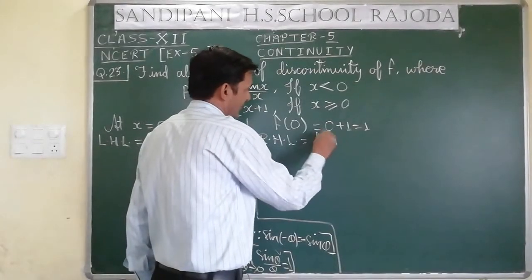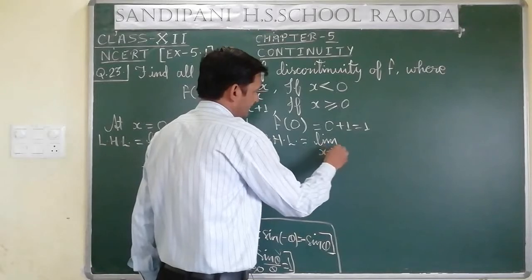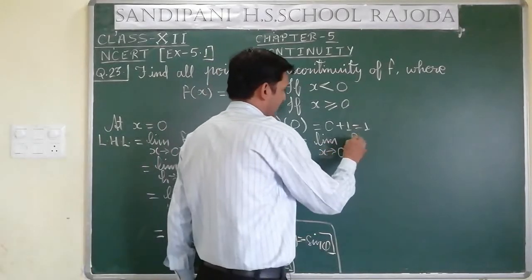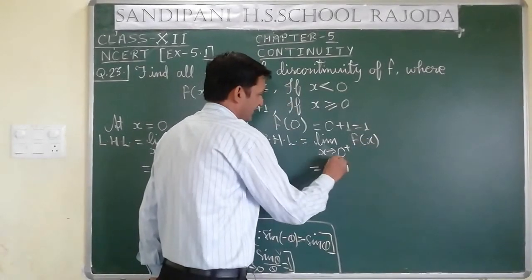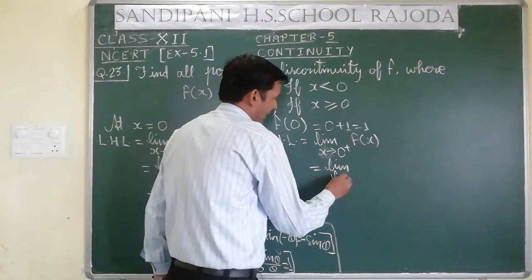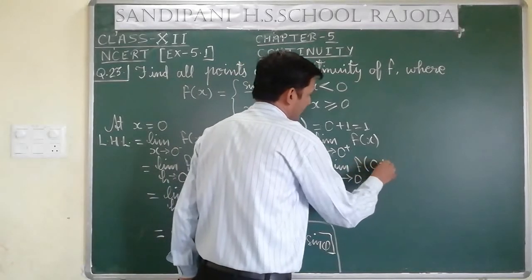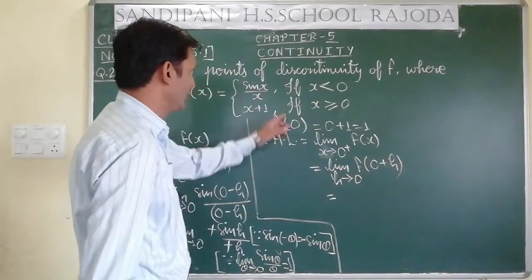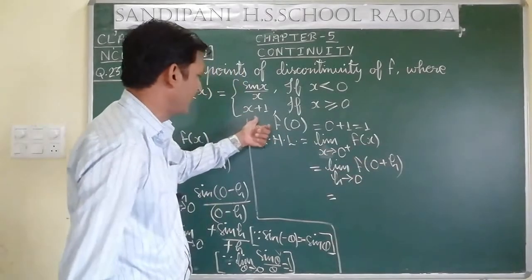Now RHL, it will be equal to limit x tends to 0 plus f of x. Now this will be equal to limit h tends to 0 f of 0 plus h, and it will be equal to, we have to put value of x 0 plus h in this part.